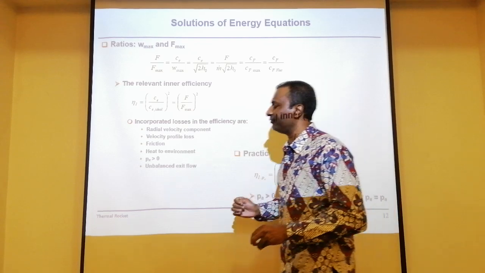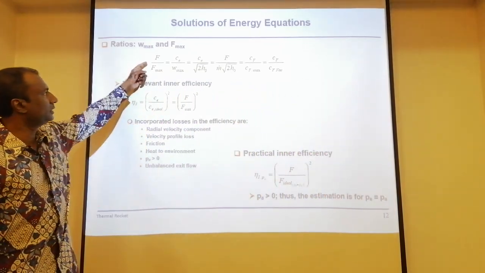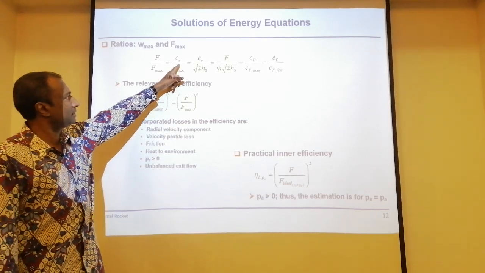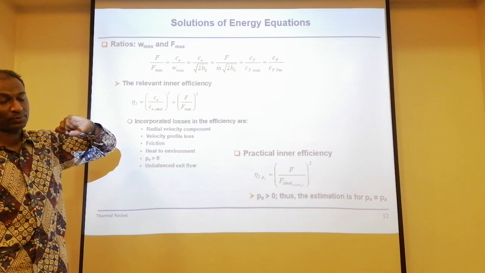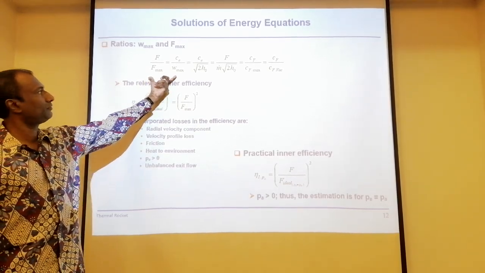Now ratios, Vmax and Fmax, the thrust ratios. The thrust ratio is equivalent to CE over Vmax. Okay, so this is a very important formulation.